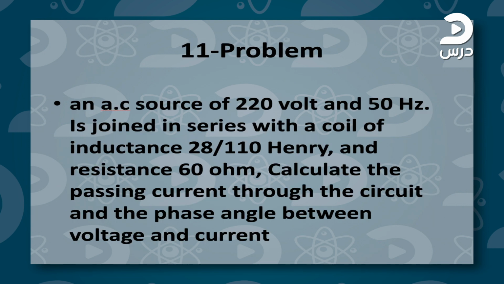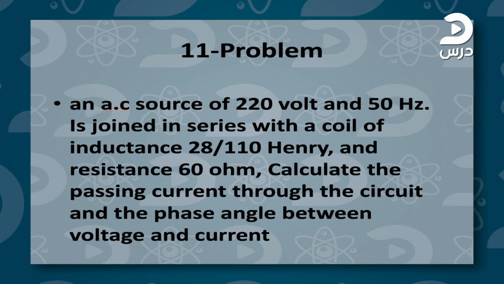Problem number 11. An AC source of 220 volt and 50 hertz is joined in series with a coil of induction 28 divided by 110 Henry, this is the L, so we must find the XL, 2πfL, and a resistance of 60. I have a resistance, so there is impedance.